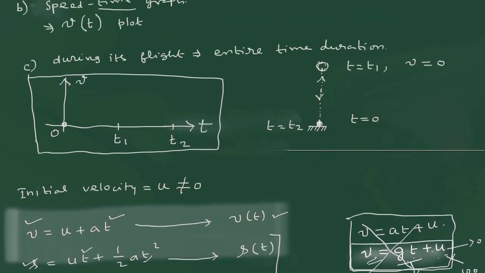So downward motion we will do once again. That means we are asking the question within this region, that is 0 to t1, how the graph will look like. There is another region t1 to t2 that we will see later. So right now we are asking the question how to draw a graph between 0 and t1.